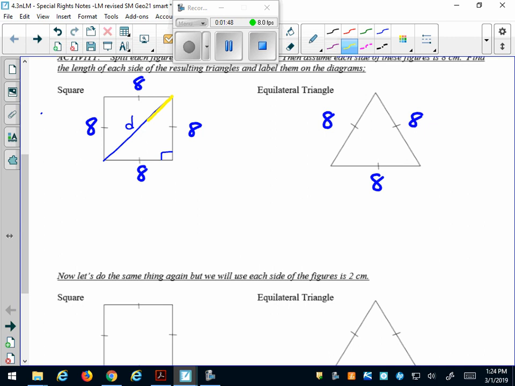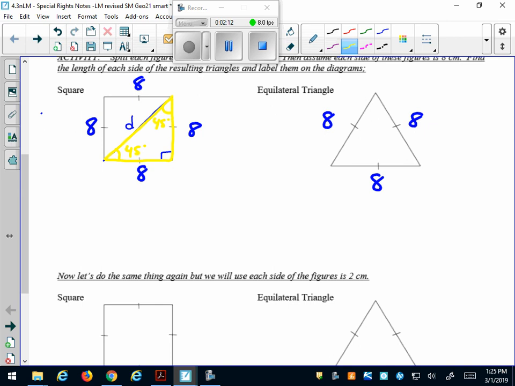What kind of a triangle is this triangle? It's a right triangle. It's also an isosceles triangle, exactly, because if this is a square, two sides of this triangle are the same. How many degrees is this angle and this angle? 45 each, right?